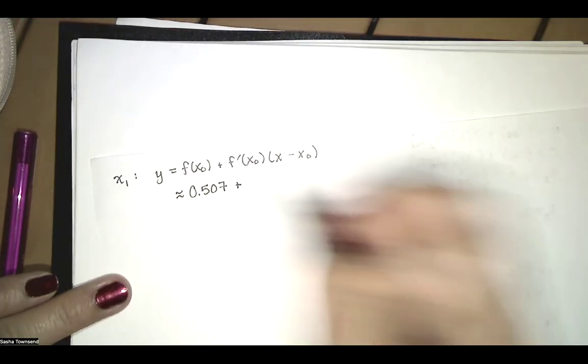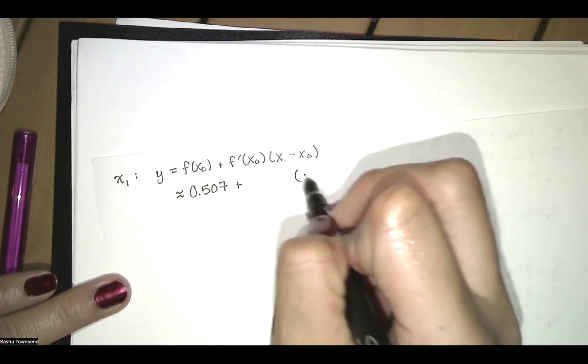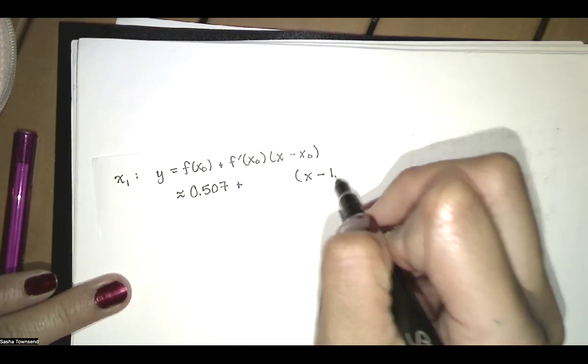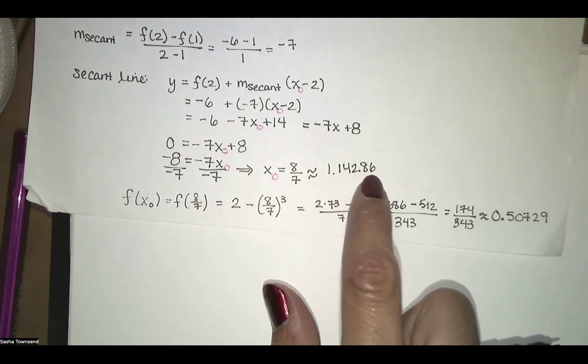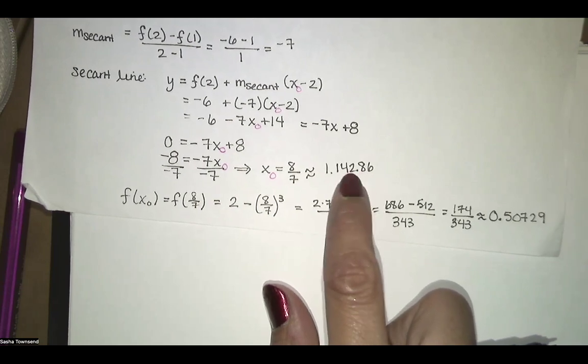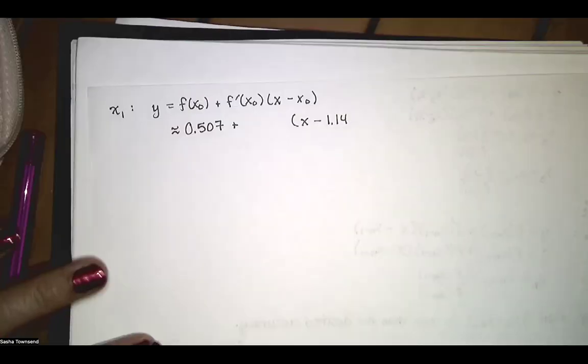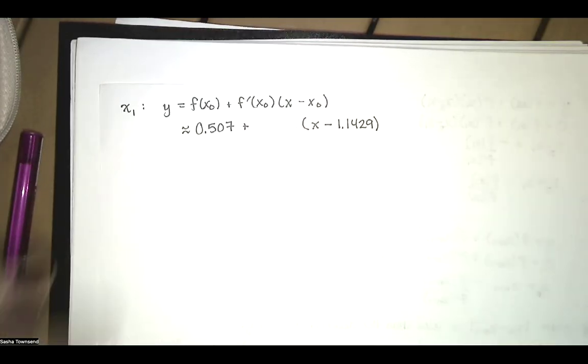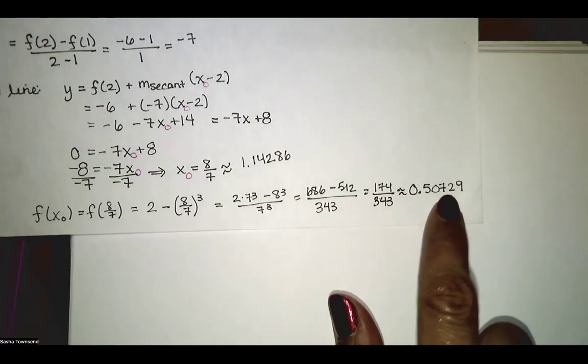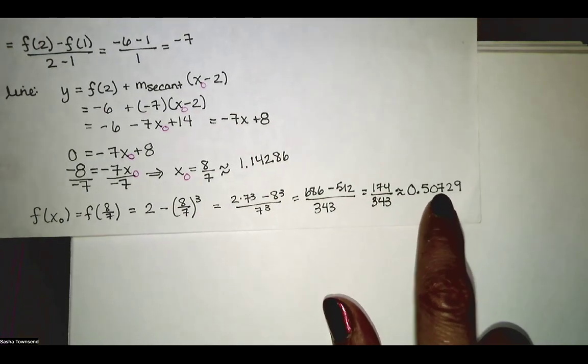Plus the derivative at x naught, I don't know what that is, times x minus 1.14286. I'll just round out to the 4th decimal place, so I'll do 29 there. And if I'm going out to the 4th decimal place, that should be a 3 after the 7.